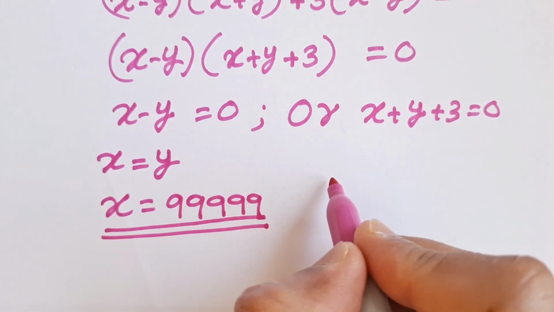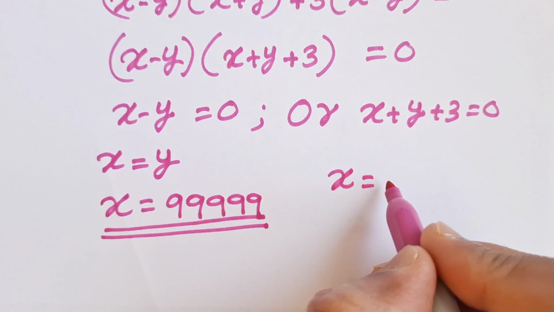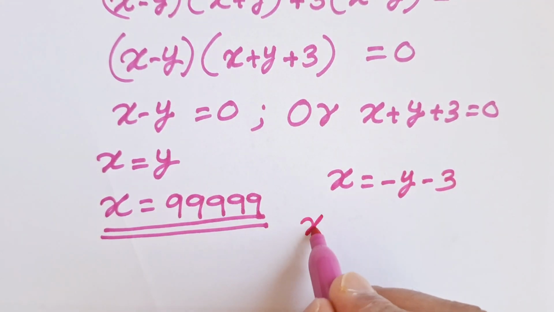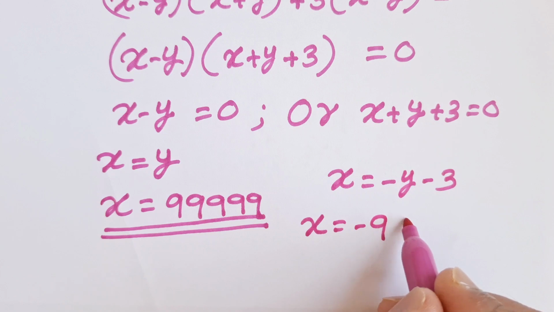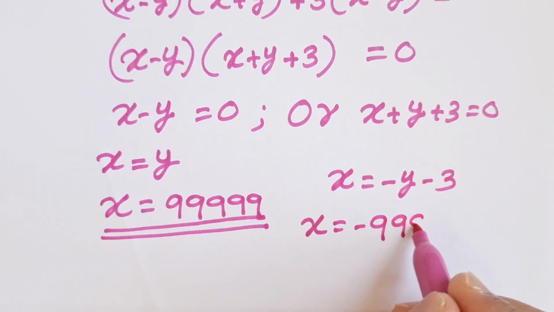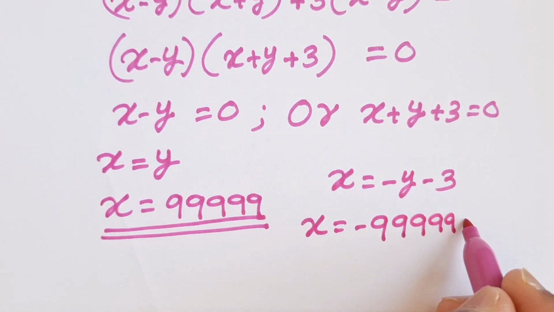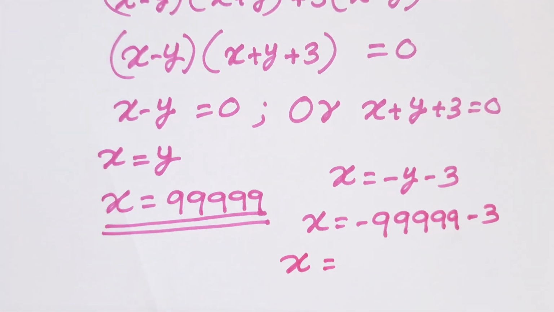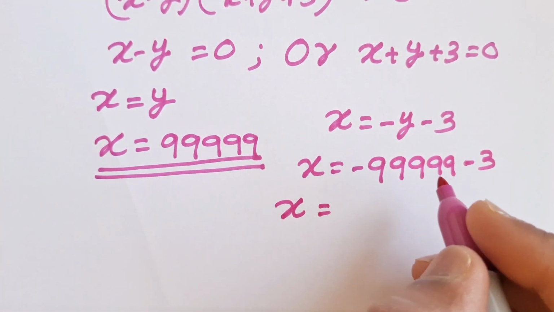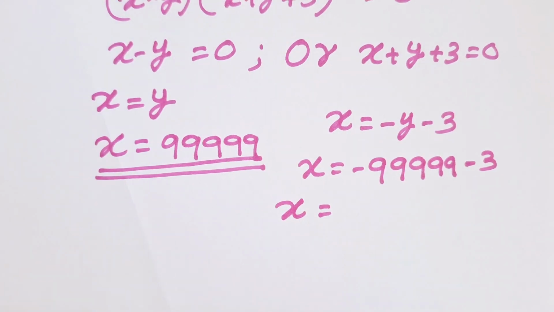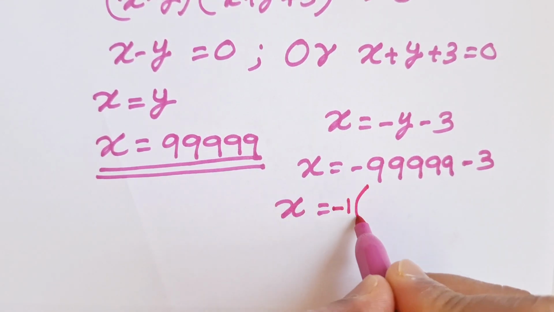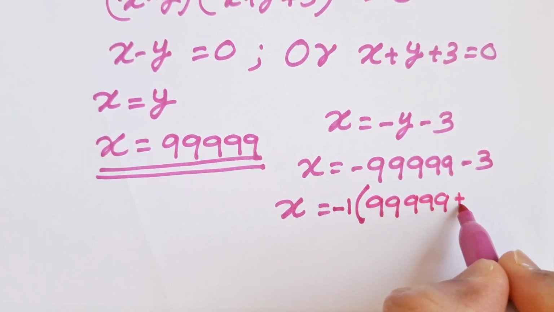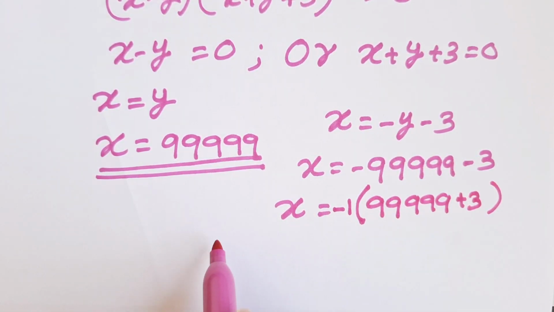So there is another answer that comes from the other equation, which is x equals minus y minus 3. Then x is equal to minus 99,999, which is our initial substitution for y, minus 3. So x is equal to minus 1 times (99,999 plus 3).